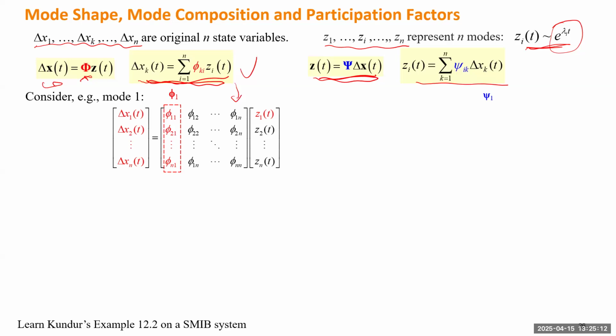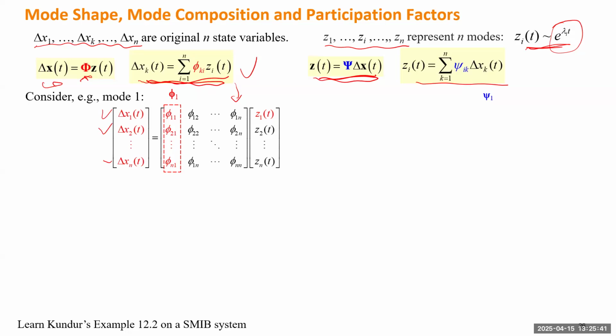The left-hand side has the state vector, and the right-hand side is the modal matrix multiplying the vector of Z. If we color only the elements involving mode 1, that mode can appear in every single state variable in the original space, which means in every x you should be able to see mode 1 if it really exists.